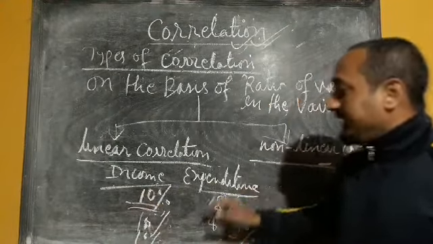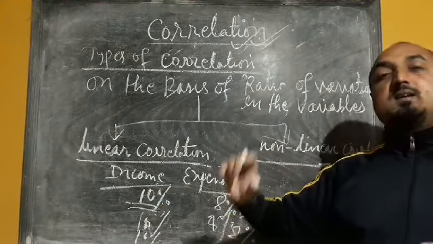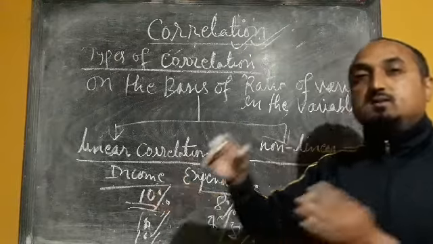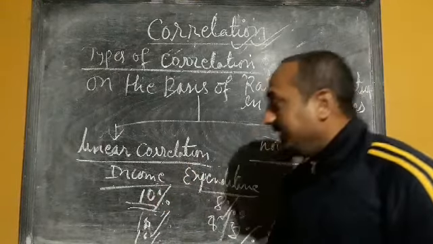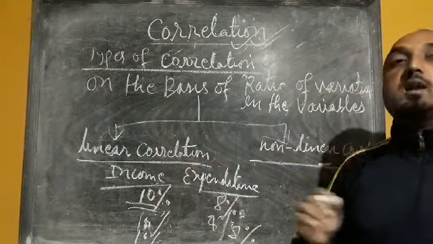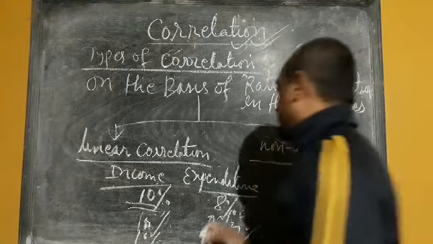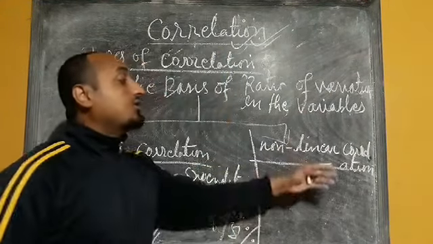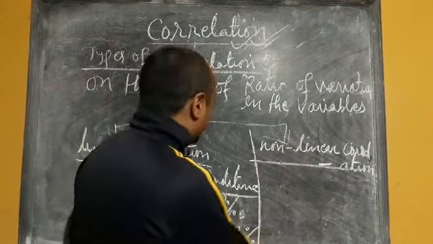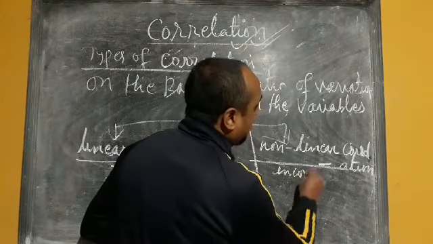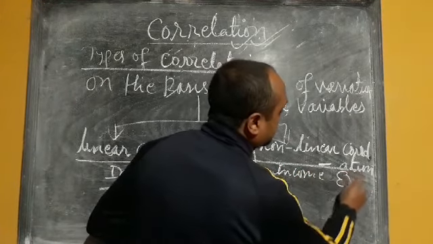Here the income and expenditure are changing at a constant rate. Changing by a constant rate, so that is called linear correlation. Now next case, we will explain non-linear correlation. So here also let's take the example of income and expenditure.